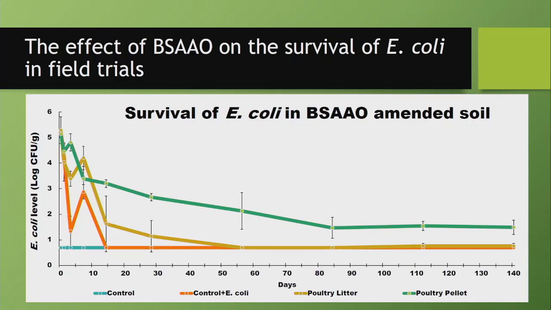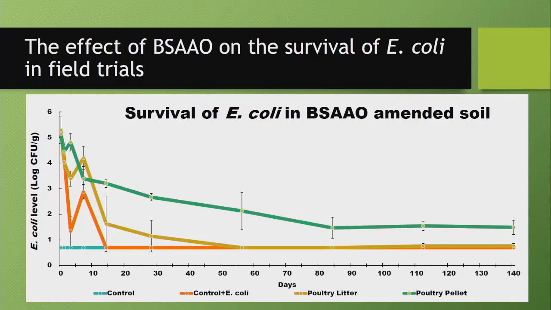coli. But what was interesting is throughout our 140-day sampling period, and one thing I want to explain is we were doing this to mimic onion production. So day 0 was usually around mid-November, and 140 was about the time that we were pulling those onions out of those plots. So with our heat-treated poultry pellets that we then added our E. coli to, we still had about 1.5 to 2 logs CFU per gram coming out of the soil.